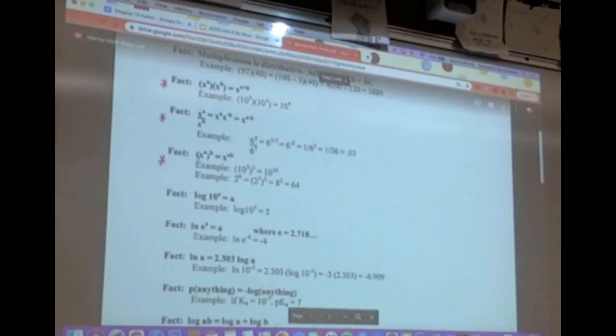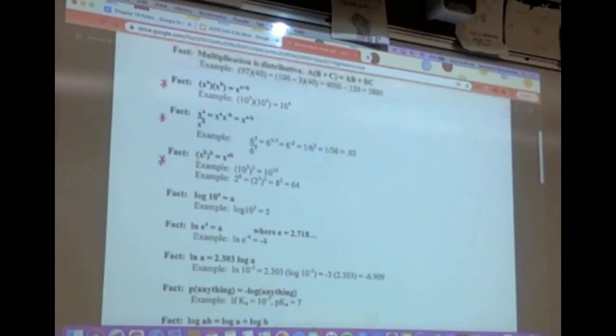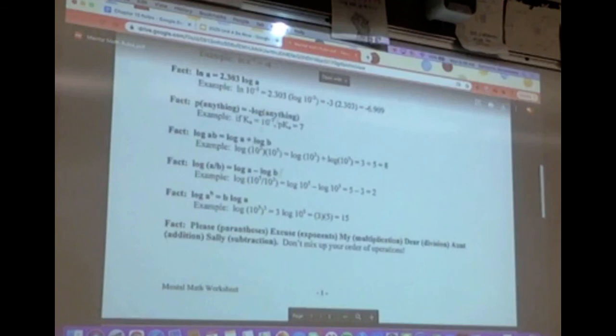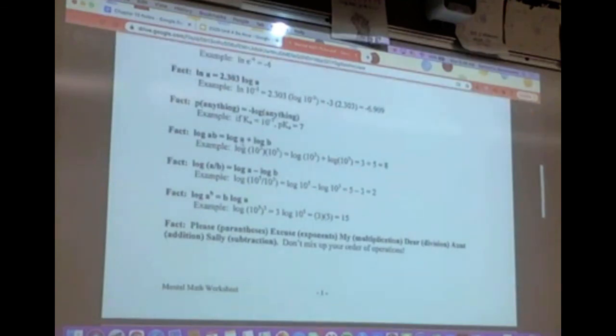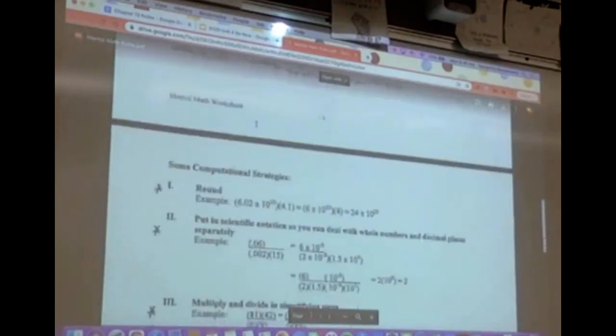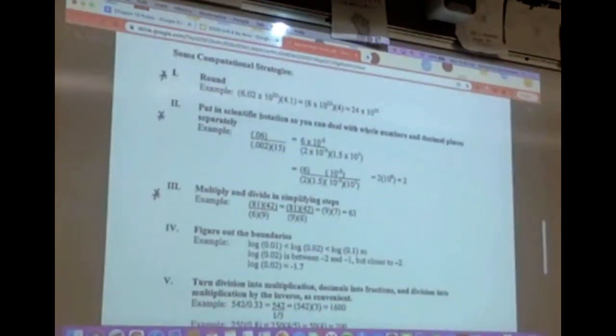And if you have a number to a power and then another exponent outside of the parentheses, you can just multiply those. So those are some to help. There are other ones down here, but we haven't done logarithms yet or natural logs, so we're not going to worry about those yet. We'll be coming back to these later as well.